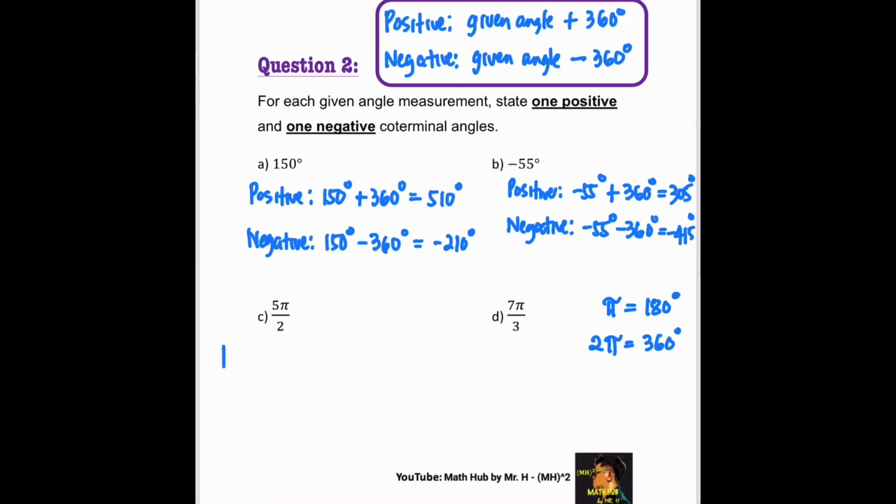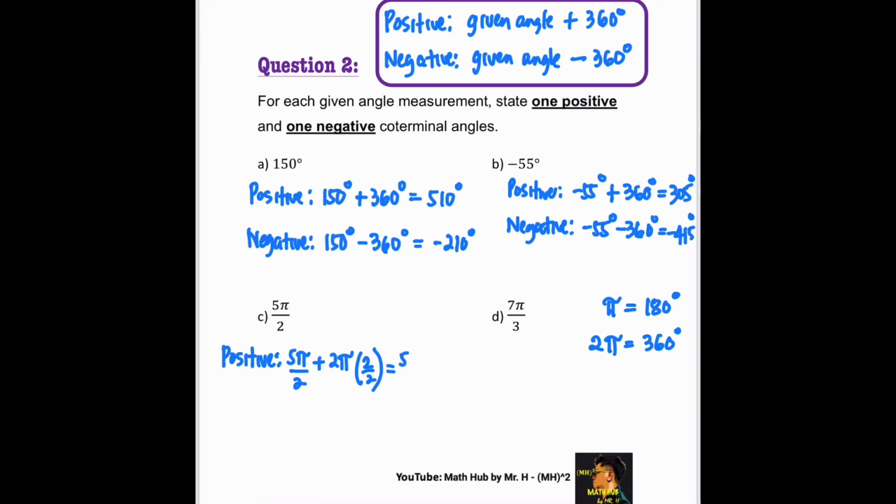All right, so to get the positive coterminal angle, we take 5 pi over 2 plus 2 pi. For 2 pi, we can multiply this by 2 over 2 so that it becomes a similar fraction.